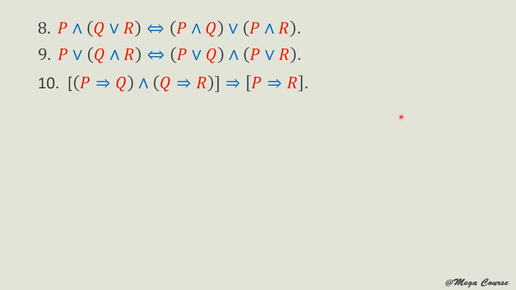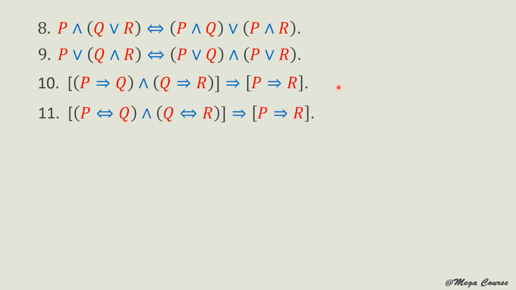So Jimmy will, of course, have the same length as Jehan. Here P gives us Q, and Q gives us R. This will lead us to P implies R.